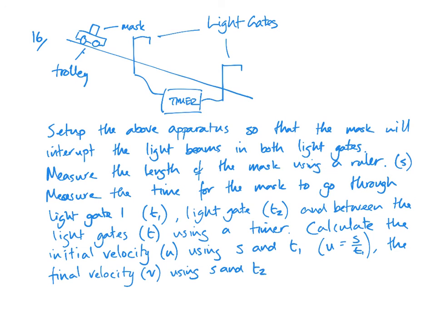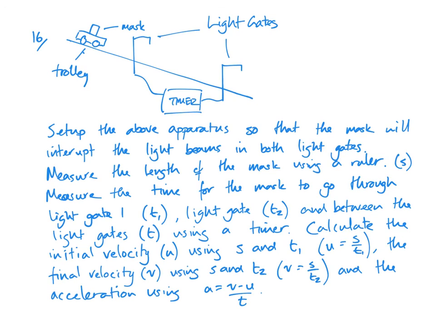And for that we need S and T2, so v is S over T2. And then once we've done all that, we can get the acceleration. There's quite a lot to that experiment.